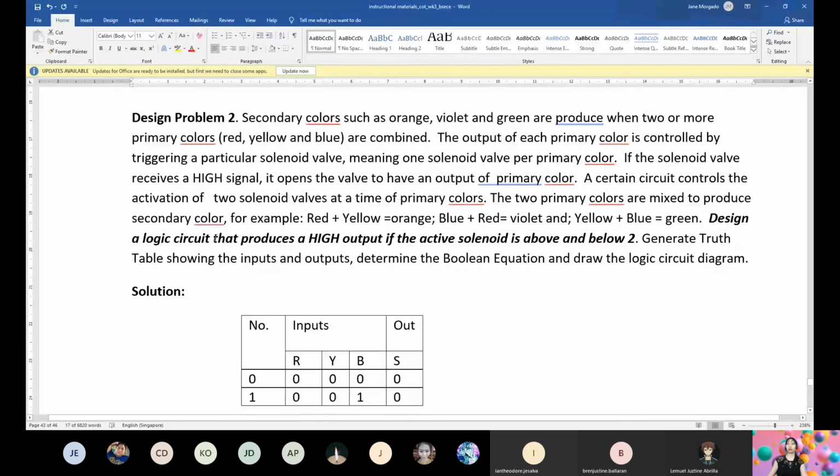Okay, so can we proceed for design problem number 2? Okay po, ma'am. How about the others? Yes, Samuel, ma'am. Okay lang po, ma'am. Okay, Jade.